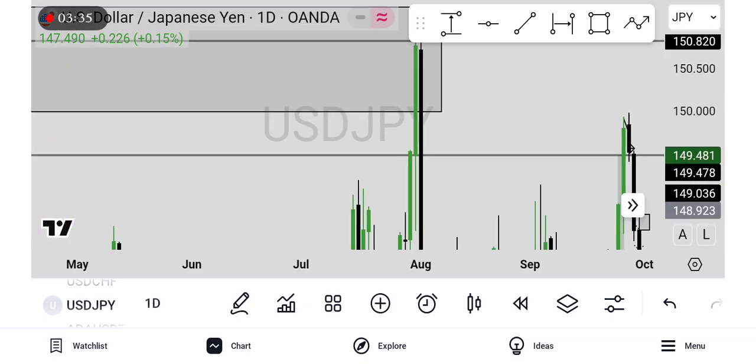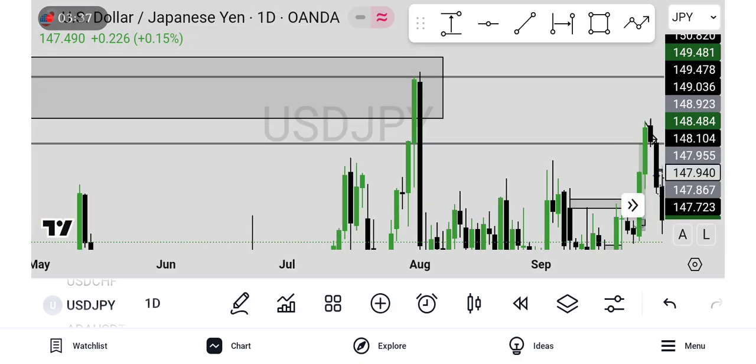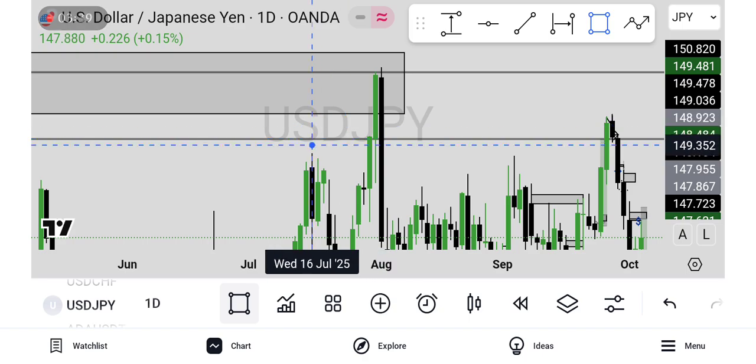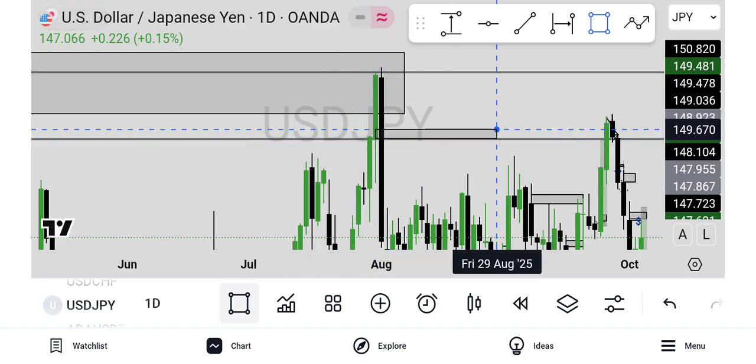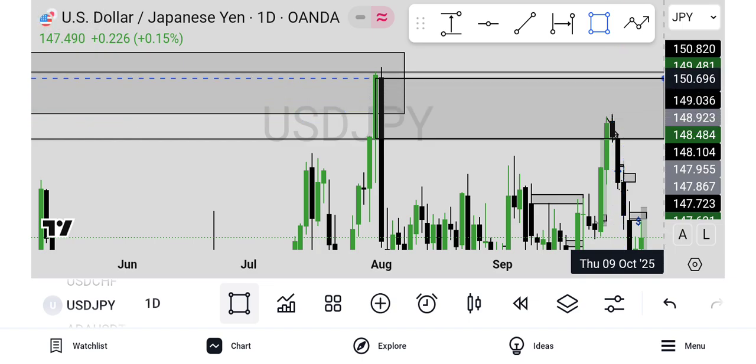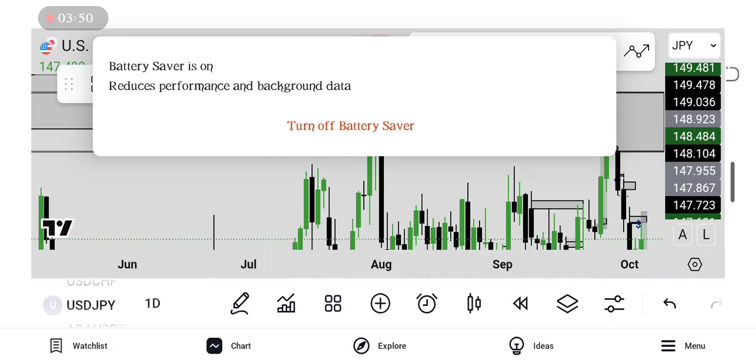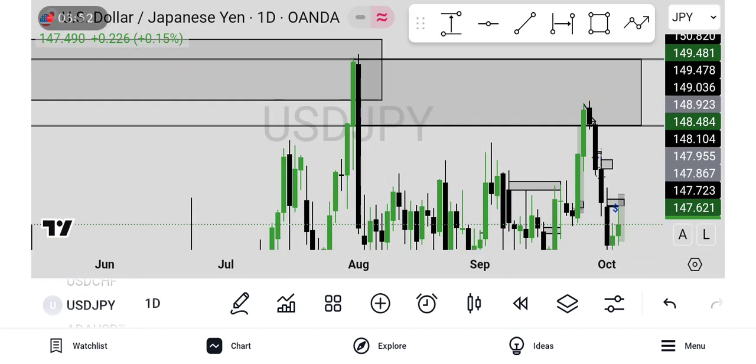Now look at it. This was the supply block I marked. Look at it closely. It's these two lines. I marked it this way. That was how, and I'll show you how I got an entry in it.